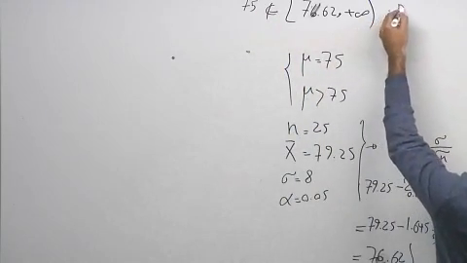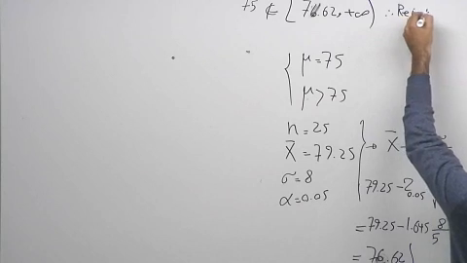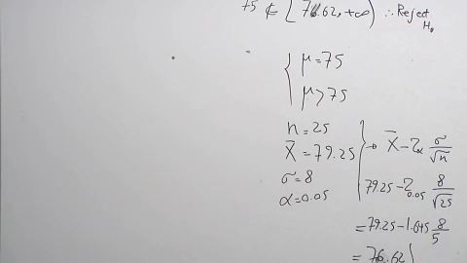Therefore, reject H null. Okay? That's basically the same conclusion that we drew last time. So it doesn't matter which method you are using. The conclusion at the end of the day should be the same. Any questions?